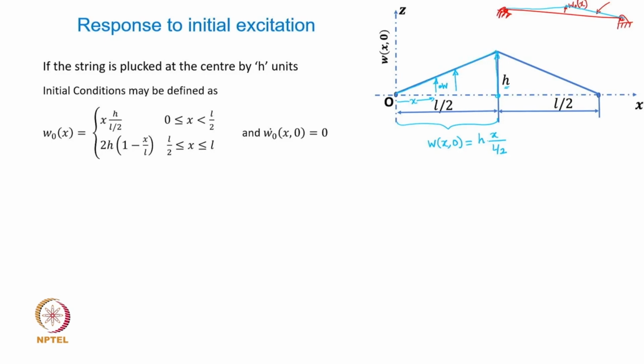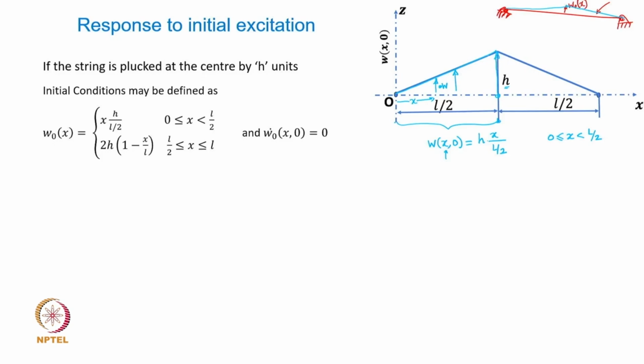So, the displacement at any position x for this region of the string, that is 0 less than or equal to x less than L by 2, is going to be this.